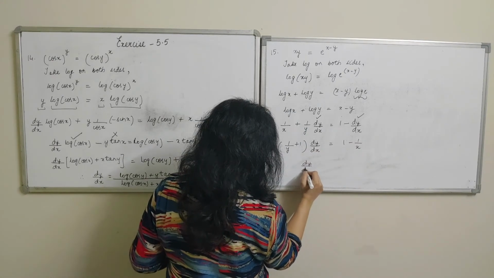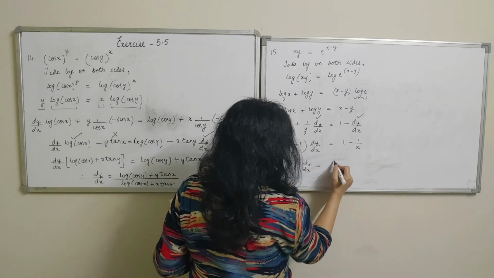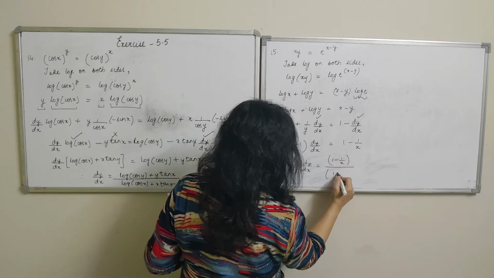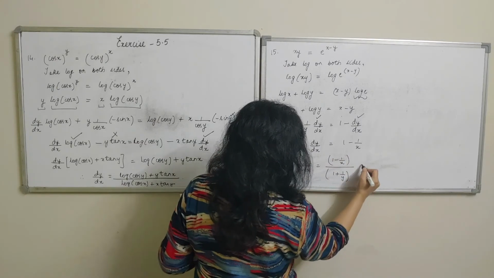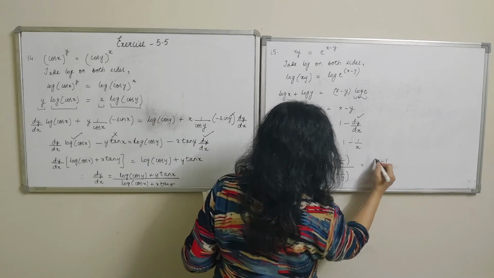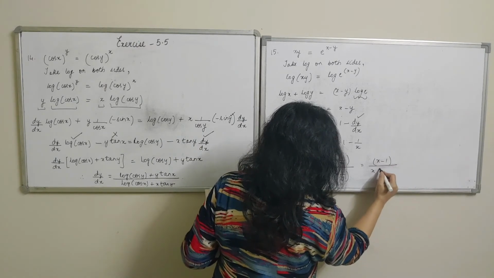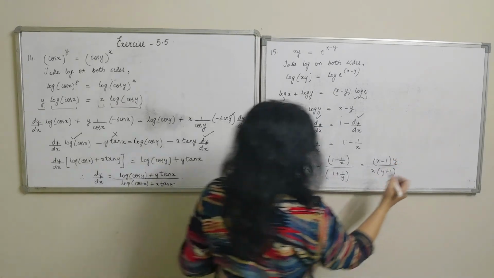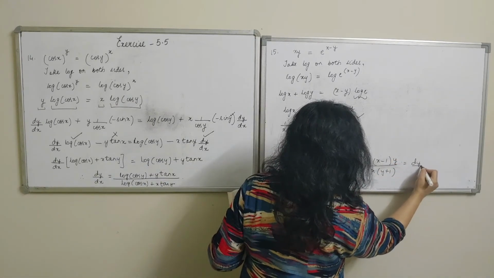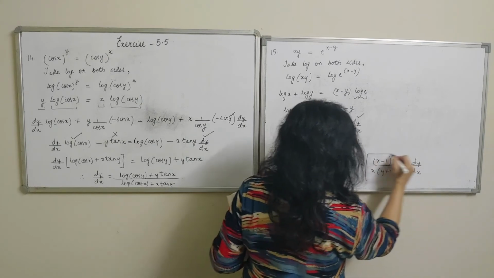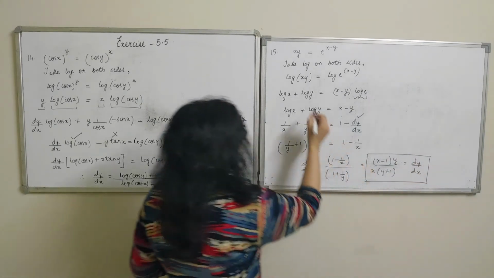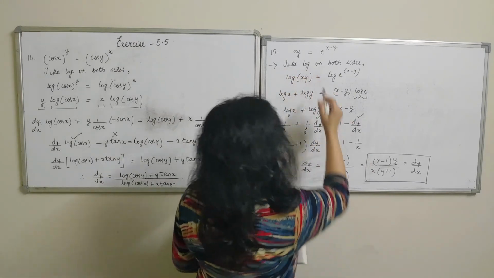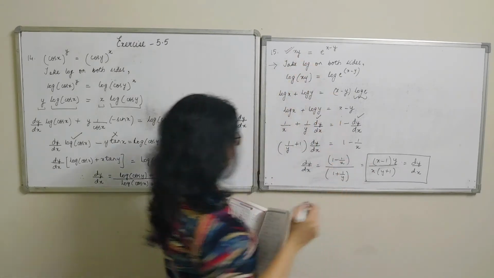So dy by dx is 1 minus 1 by x upon 1 plus 1 by y, which can also be written as x minus 1 this way. So this is finally dy by dx. Here we have taken log on both sides. Without taking log also, we could have differentiated this function.